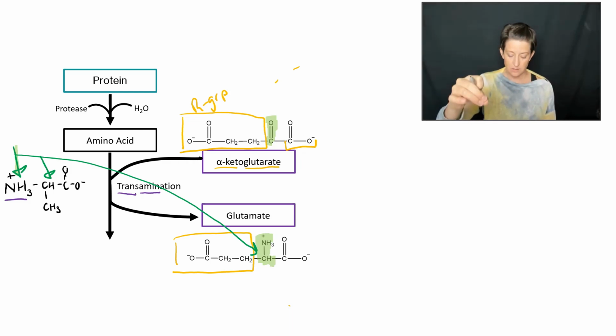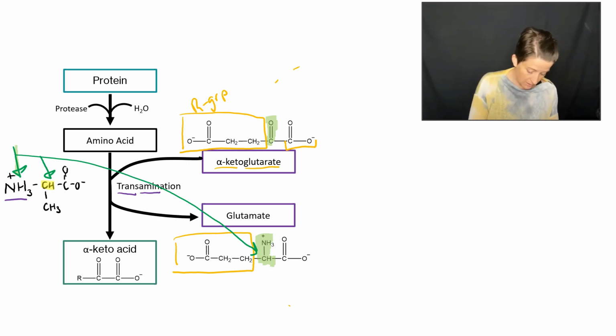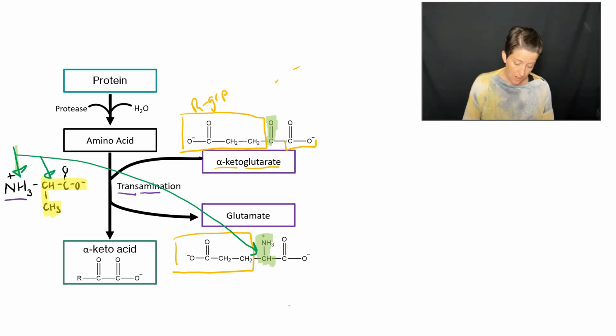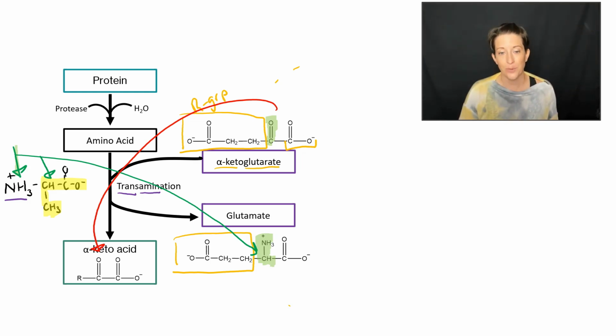So now that we've transferred that amine group, what happens to the carbon backbone that was our amino acid? So we have this carboxylate group, that alpha carbon, and the R group. Well, that is going to create what's called an alpha keto acid. So this ketone that was part of this alpha ketoglutarate essentially is getting transferred onto that alanine molecule.